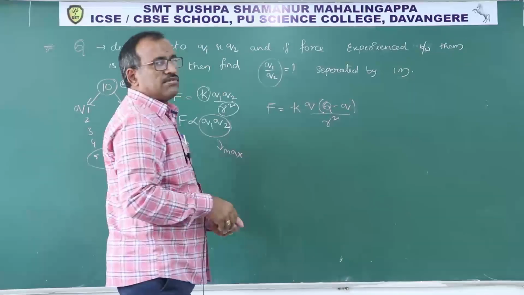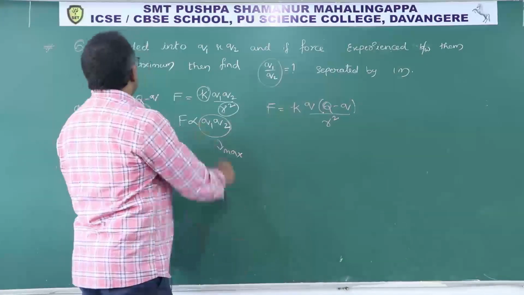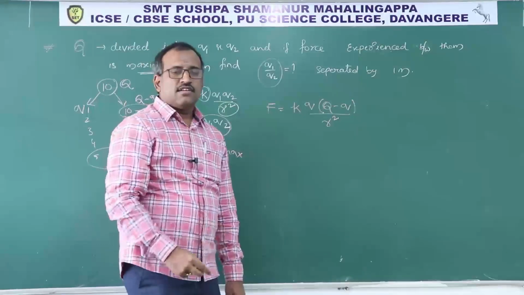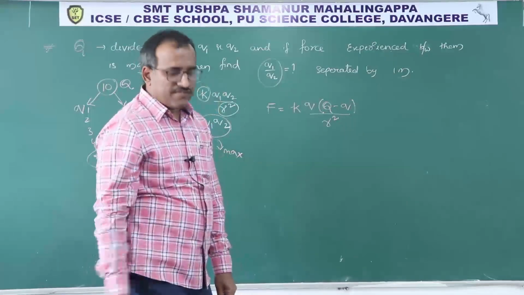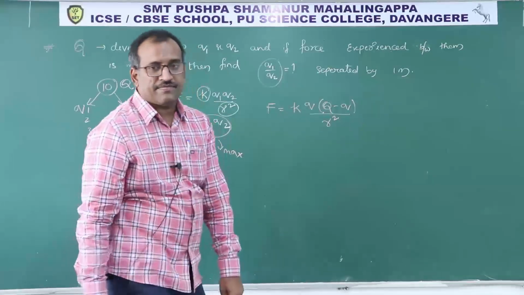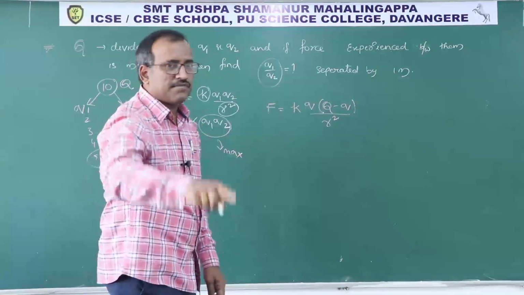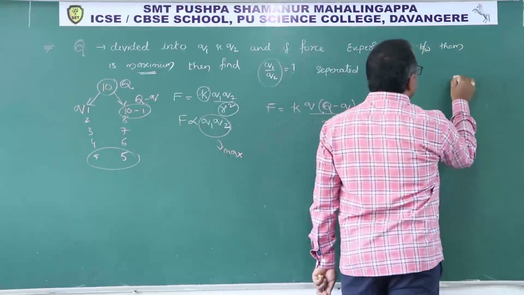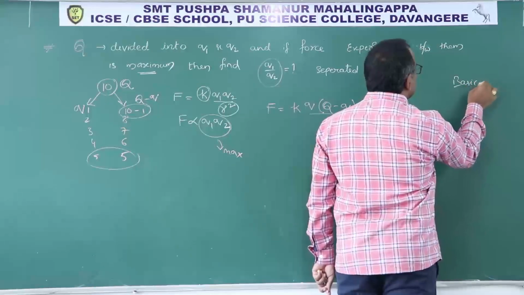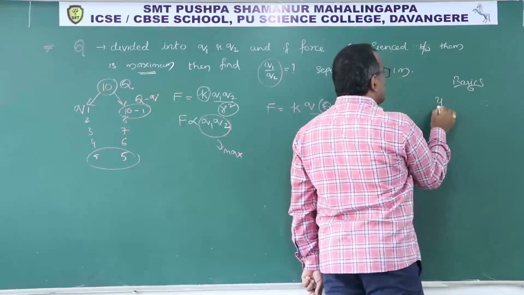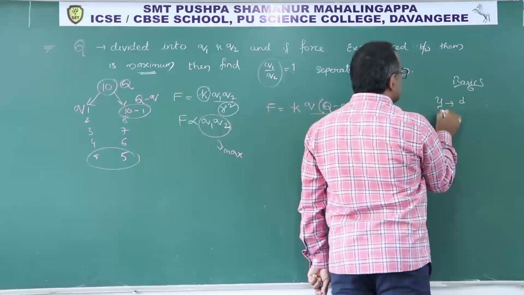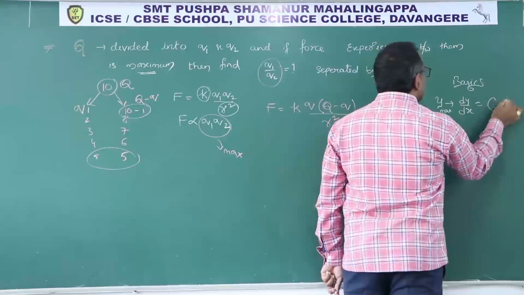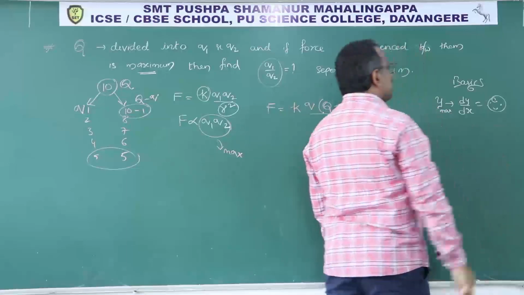So what do I have to do? In physics, whenever they are asking maxima or minima with a variable, then you should differentiate. In first year you had studied that, and equate with 0. Clear? Basics, if you want you can write. If y is maximum, then dy by dx should be equal to 0. Everybody knows that.